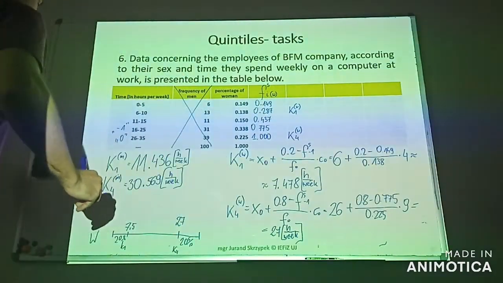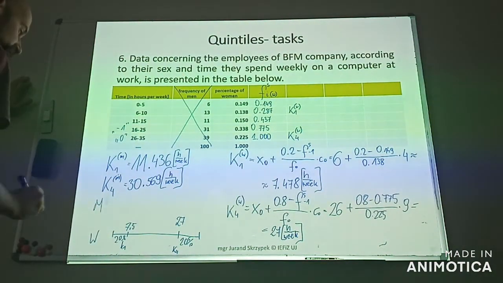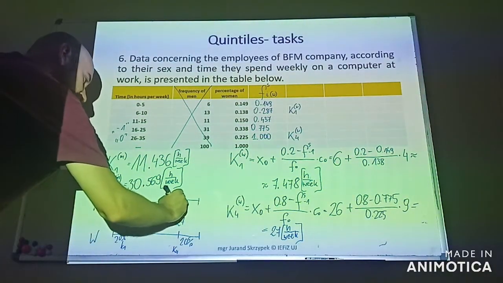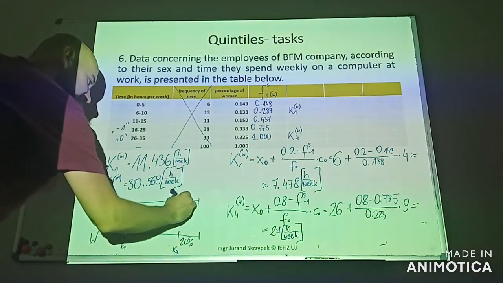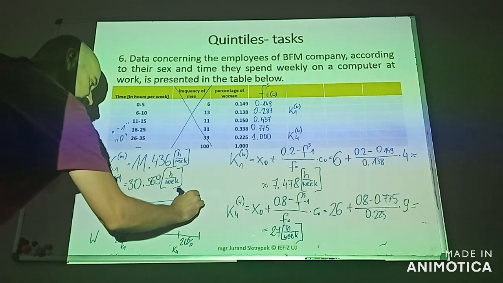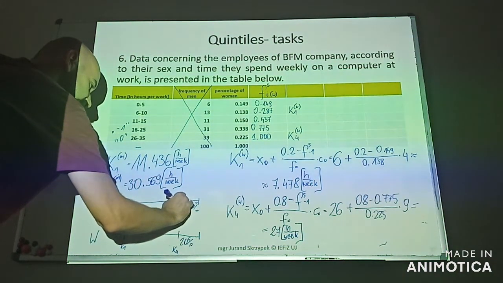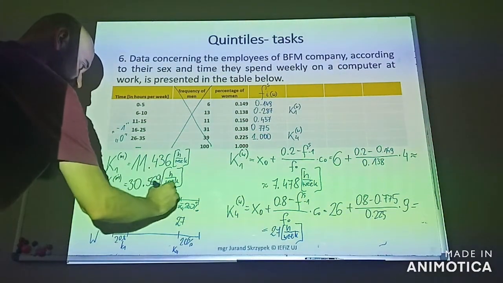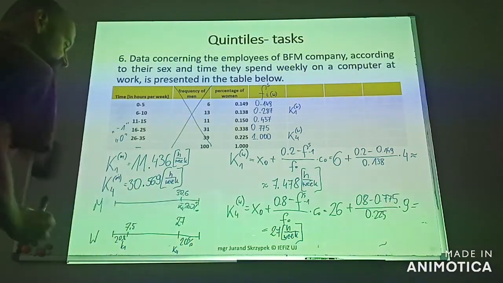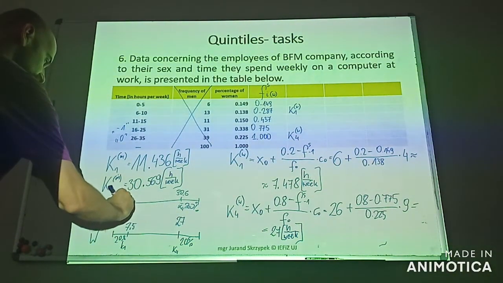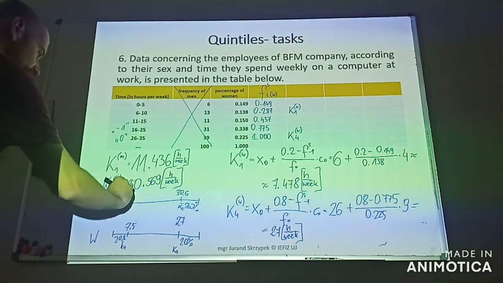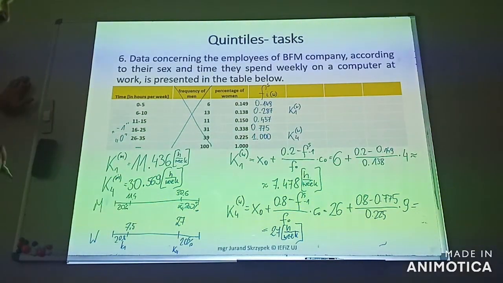If we look at the group of men, from the previous computations, we see that the last quintile, K4, is at the level of 30.6, and the first quintile is set at the level of 11.4.